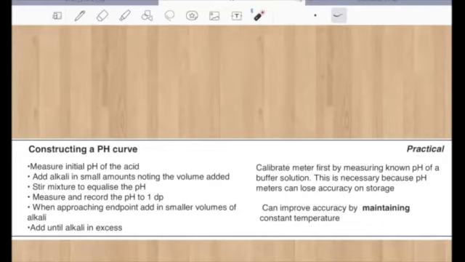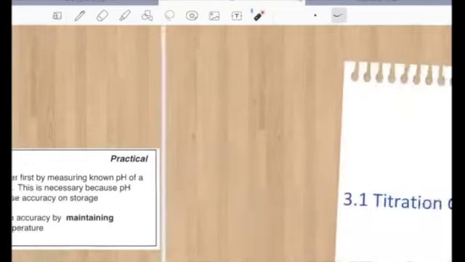Okay, so this is when you are using a pH meter. But in the exam, in your practical, you will be carrying this out in a normal setting where you carry out titration, so you don't have to worry about that.